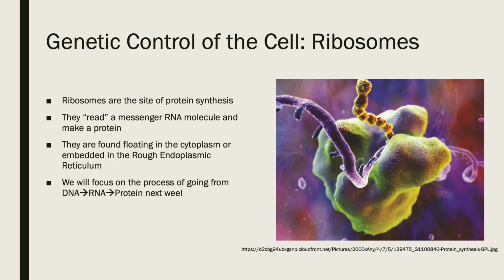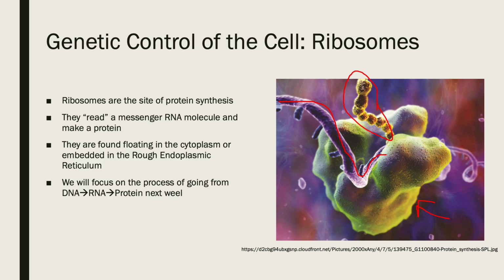So when a protein needs to be made, and we will learn this process later in the semester, but basically a gene on a strand of DNA is read, and an intermediate messenger called RNA is created. And then the RNA will exit the nucleus and find a ribosome, and that ribosome will read the message on that RNA and make a protein from that.